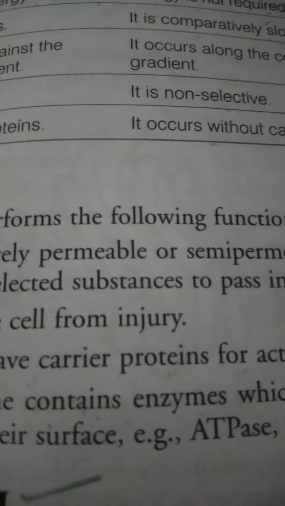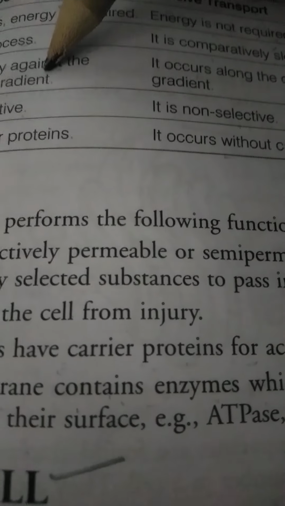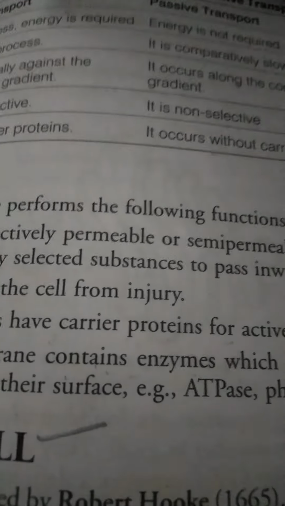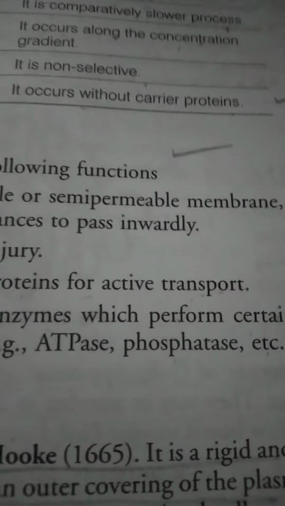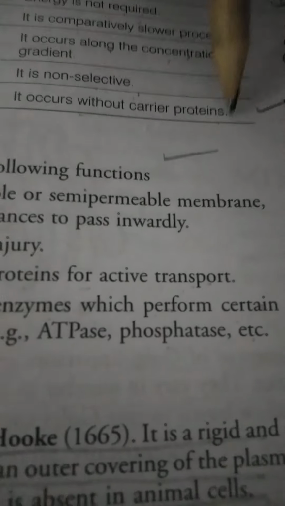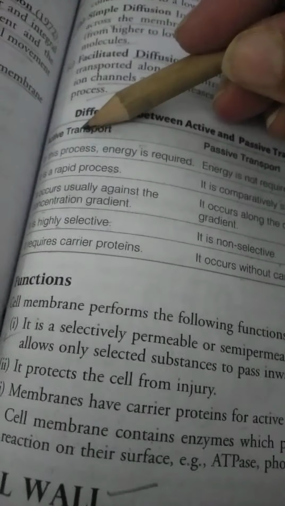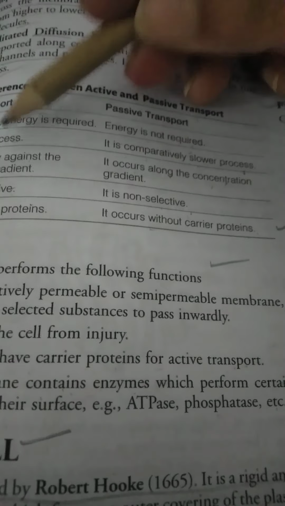Active transport occurs usually against the concentration gradient, while passive occurs along the concentration gradient. Active transport is highly selective, passive is non-selective. Active transport requires carrier protein, while passive occurs without carrier protein. So this is the basic difference between the active transport and the passive transport shown by the cell membrane.